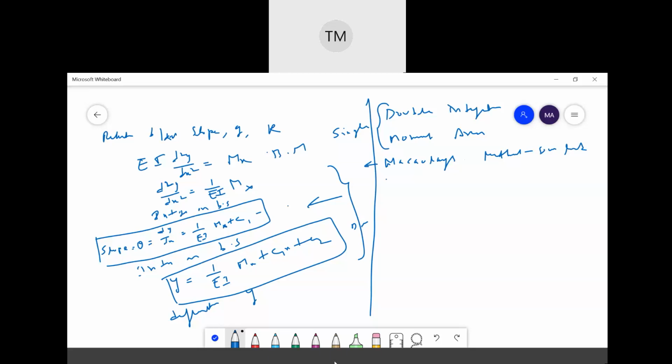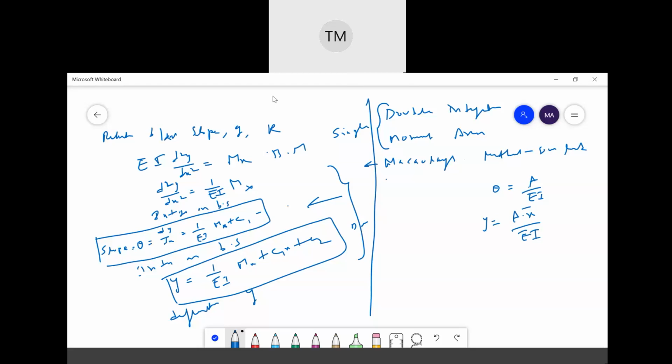In Michaelis method also we will follow the same process, whereas in moment area method we will draw a bending moment diagram and calculate the area of the bending moment diagram. Here slope is nothing but the area of bending moment diagram divided by EI, whereas the deflection in moment area method is the area into centroidal distance divided by EI.